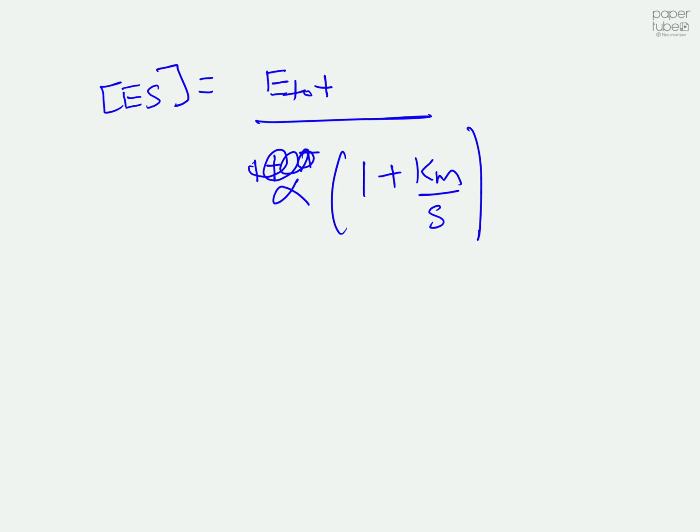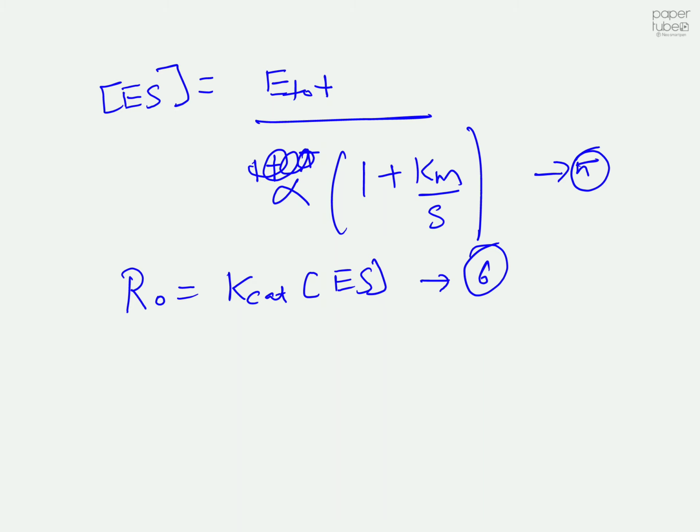We know that initial velocity is equal to k catalytic multiplied by enzyme substrate complex. Let's call this equation 5 and this equation 6. So substitute equation 5 in 6.